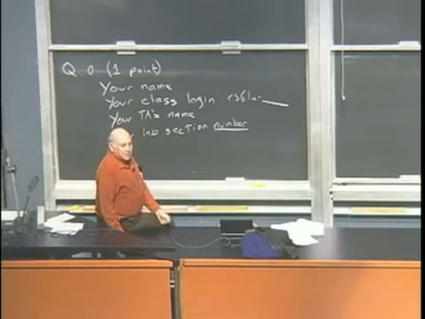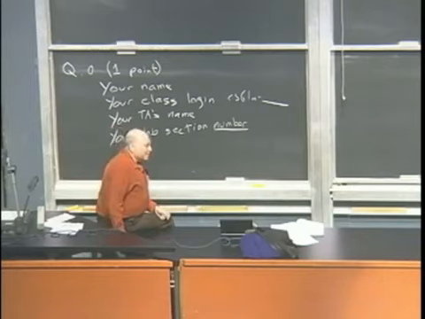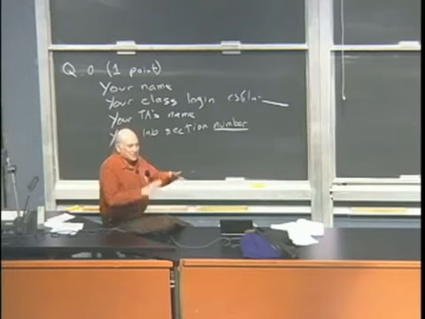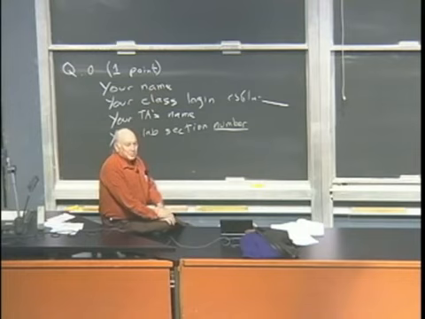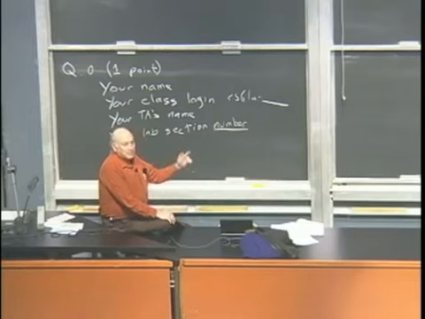That should be pretty easy, right? Your class login for this class. Every so often we get a CS61C dash something. That won't do. Your TA's name. If you're one of those people who never goes to section, make an exception this week and learn your TA's name. And your lab section number. Not what day and time it is, but a number that's somewhere between 11 and I think 21. Something like that. So those are the things you have to know for question 0.